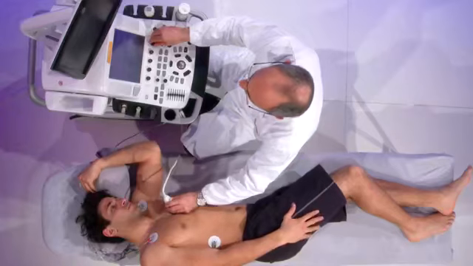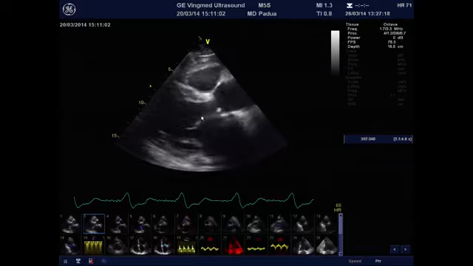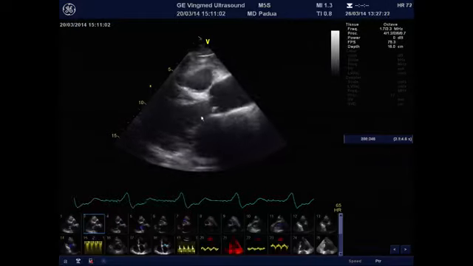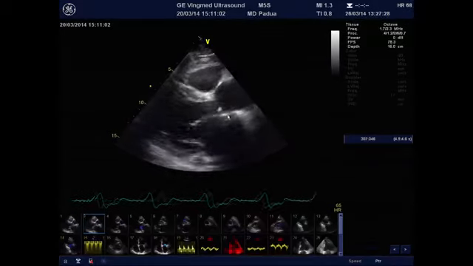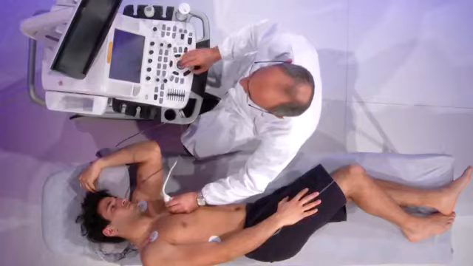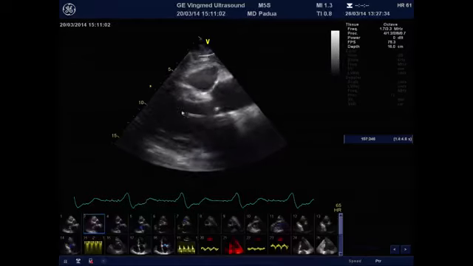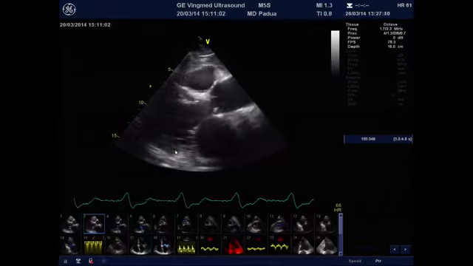Or you can do even a better job when you use the M mode to measure the thickness, because the temporal resolution is higher. Usually it's quite difficult using conventional M-mode technology to have a perfect, perpendicular alignment of the M-mode beam to the direction of the interventricular septum and the inferolateral wall.